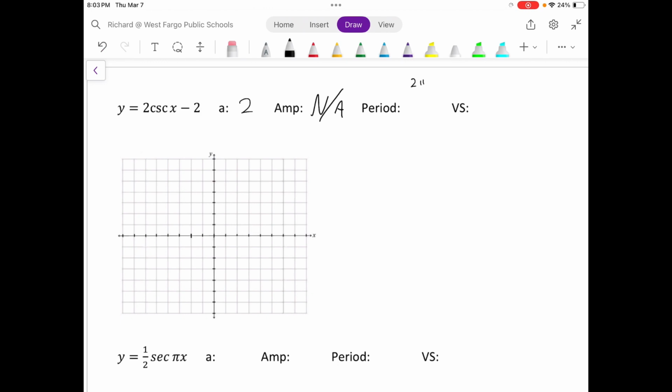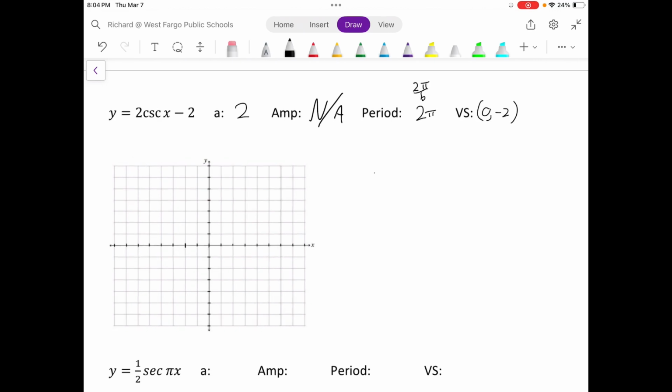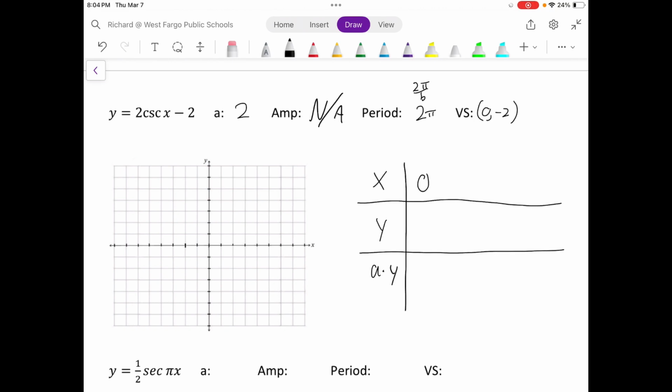Our period, which is 2 pi over b, will just be 2 pi, seeing as our b is 1. And then our vertical shift is negative 2. We can now create our chart. We know we're starting at 0, and we know that our period goes up to 2 pi.